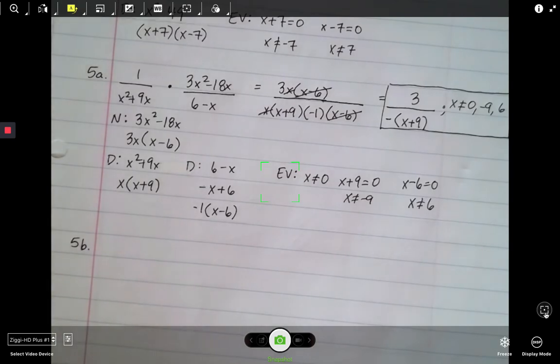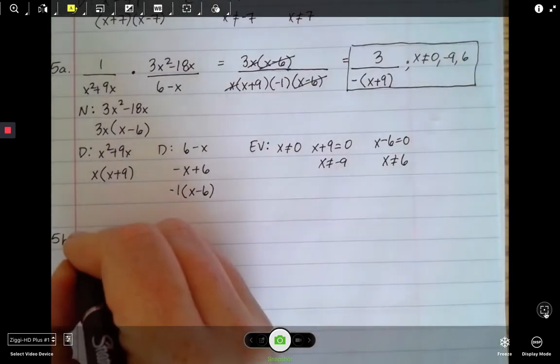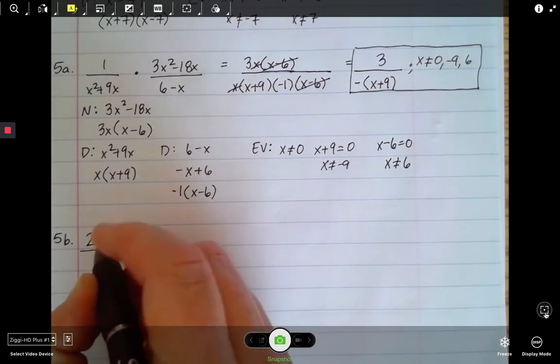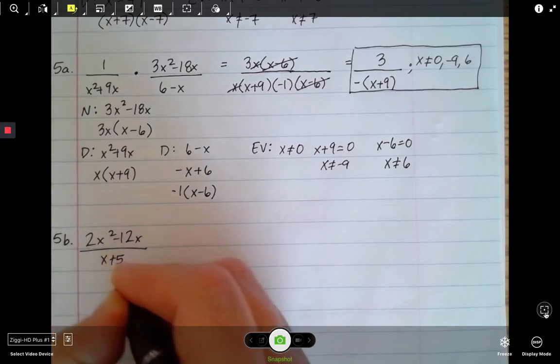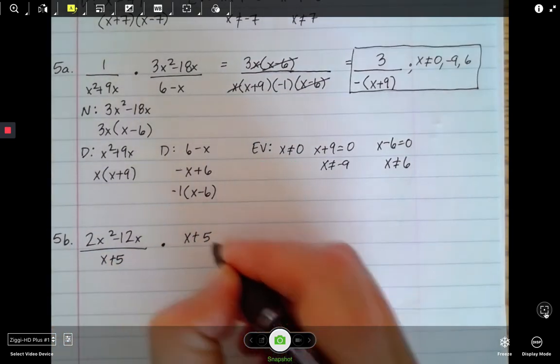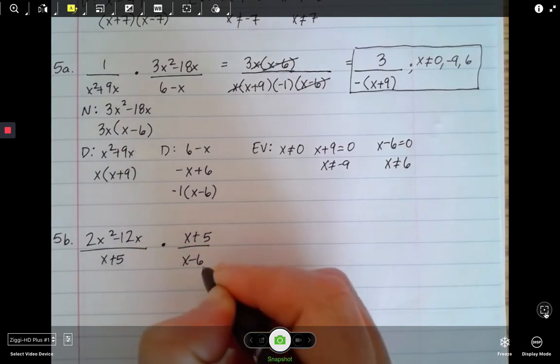Alright, 5b. Again, it is a division problem, so we keep the first one the same. 2x squared minus 12x over x plus 5. Change the sign and flip the second one to x plus 5 over x minus 6.